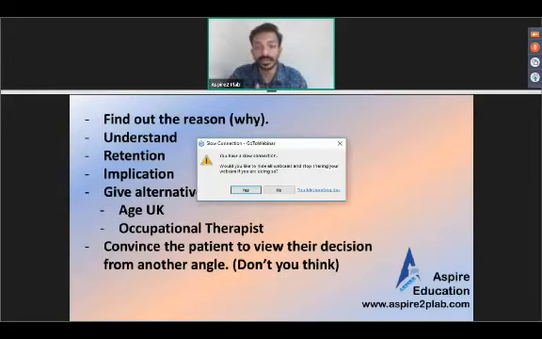So in the UK there is a registered volunteer organization by the name of Age UK. They voluntarily help old age people if they feel lonely. So you can give him the option. You have to give him the option. It doesn't matter if he's accepting your options or not, but being a doctor, just give as many options as you can. You can also mention an occupational therapist, because this patient has a chest infection.